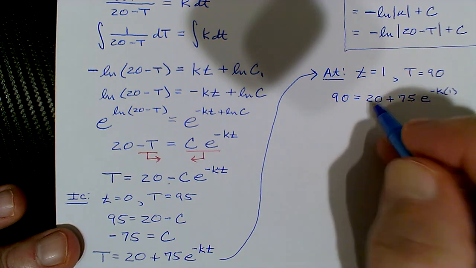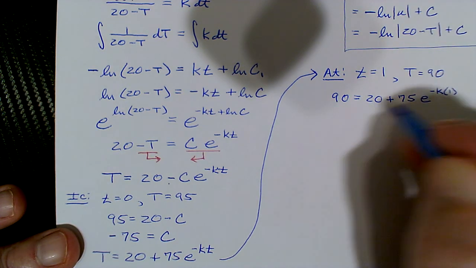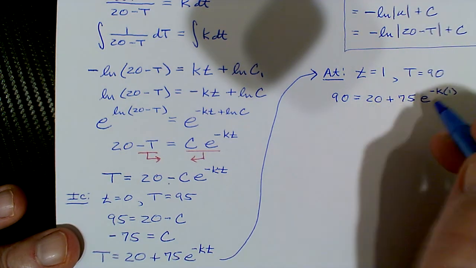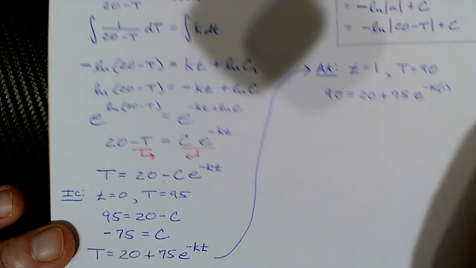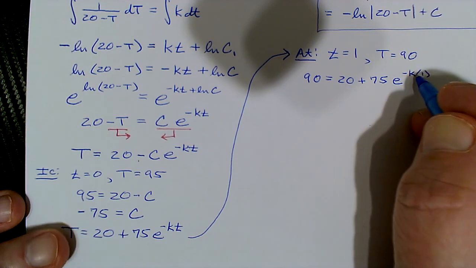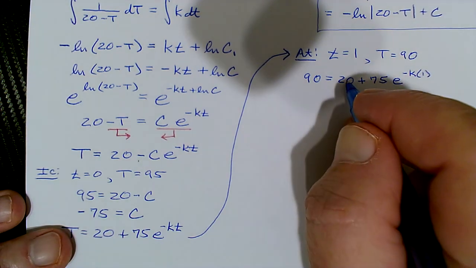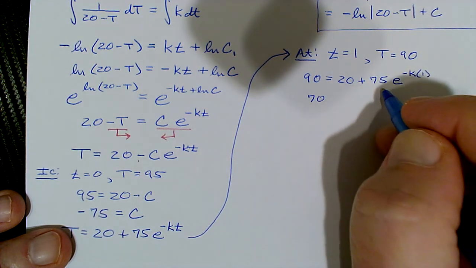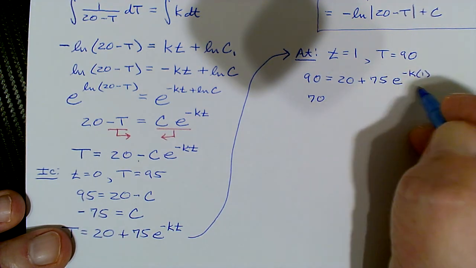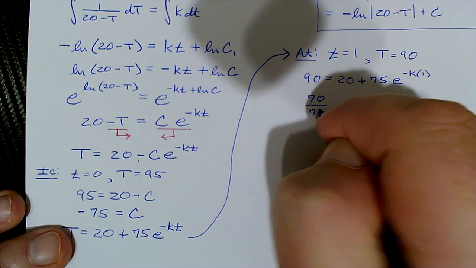Okay, now I'm going to do this mentally. So follow this. It's similar to what I talked about in the previous example. To get k, we're going to subtract 20 from 90 to get 70. Then divide by 75 to isolate the e.